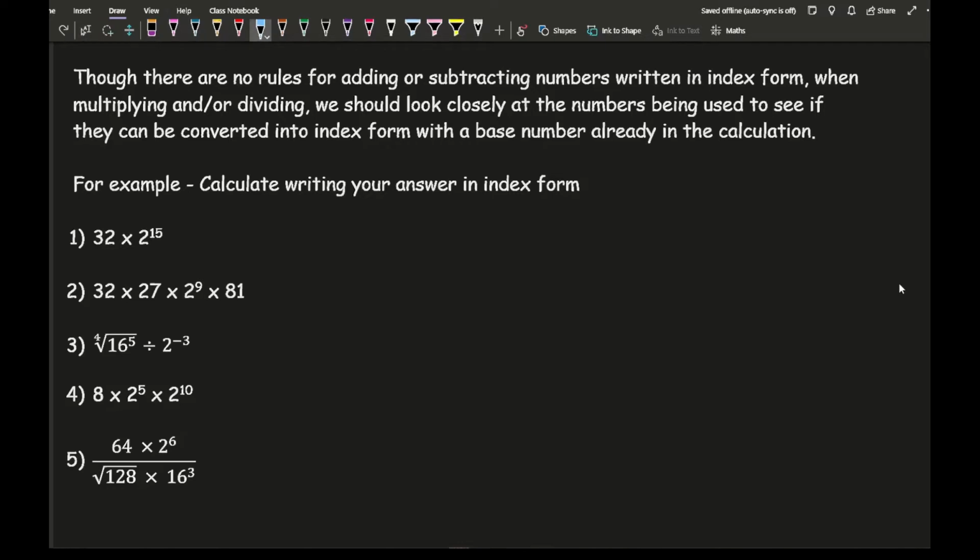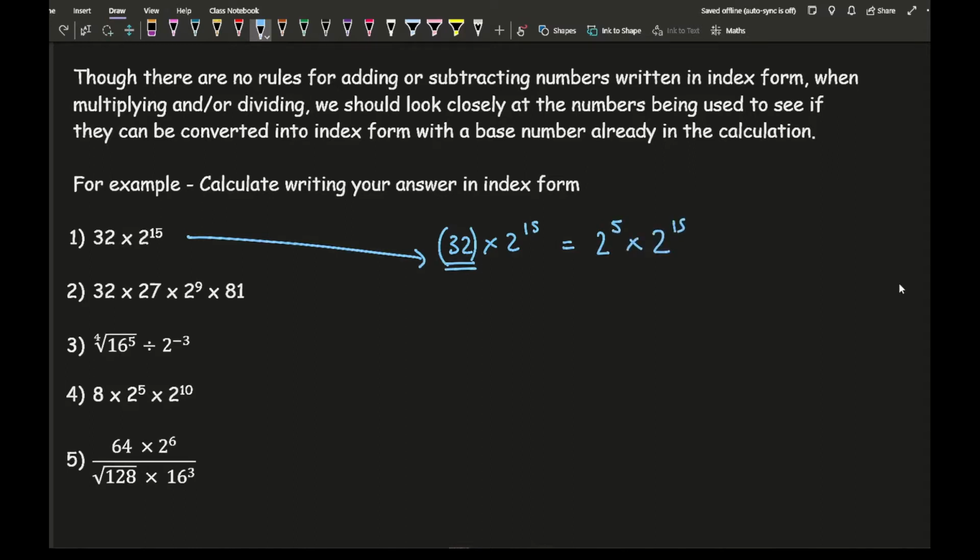Looking at some of the examples that we just briefly saw, but actually working them out. Here I've got 32 times 2 to the power of 15. What I can do is write 32, and if I put that in brackets, I can write that as 2 to the power of, and then just work out how many 2s you need. So that's 2, 4, 8, 16, 32, which is to the power of 5.